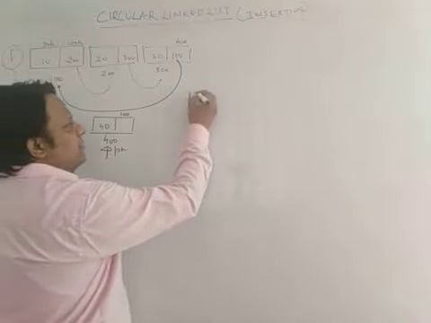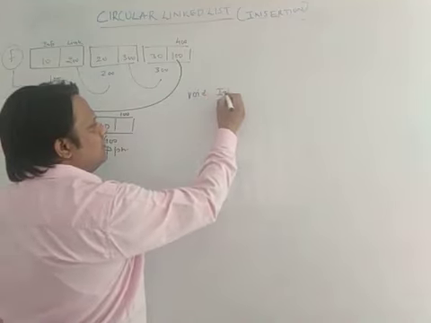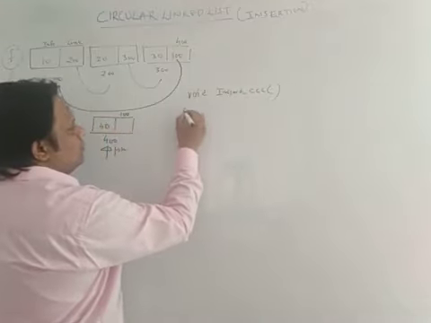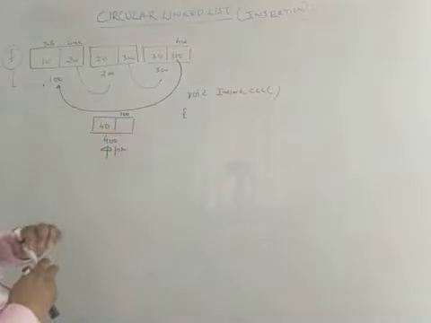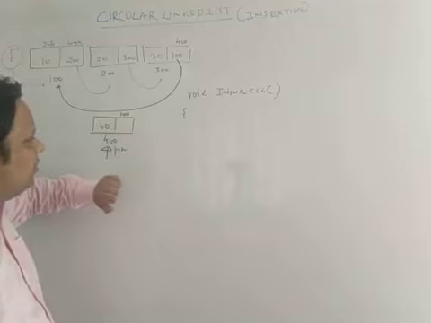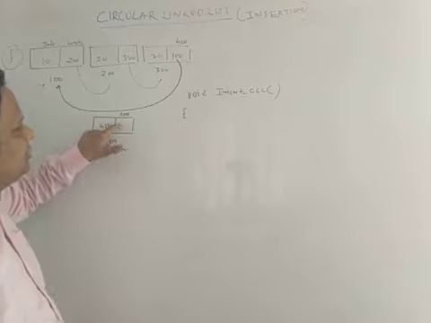Let me create a very small function, void insert underscore single linked list, right? So tell me guys, what all addresses are important here? One address, this 400, is important, which we will get once we create a node, and the link part of this will change to 100.